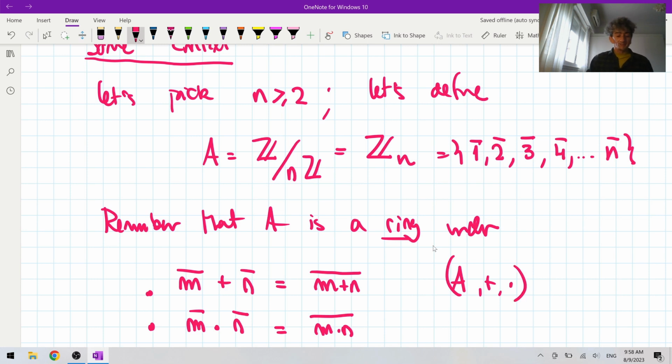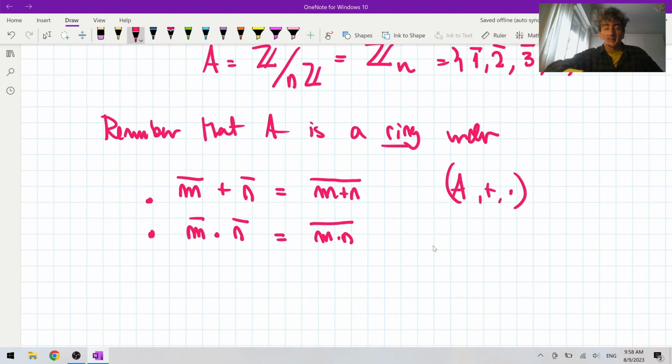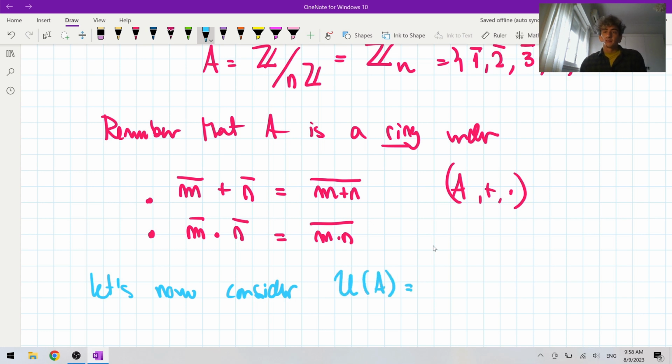All right, so what we are now gonna be interested in is considering the invertible elements for multiplication. Let's now consider the units of A. This is the classes such that m has an inverse with respect to multiplication.